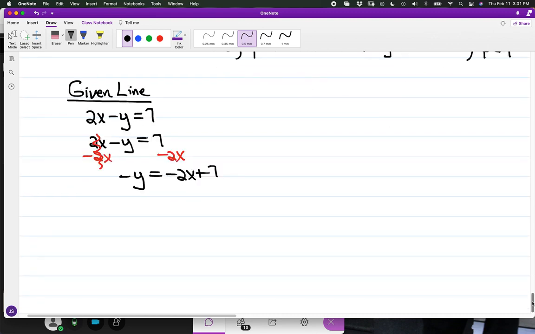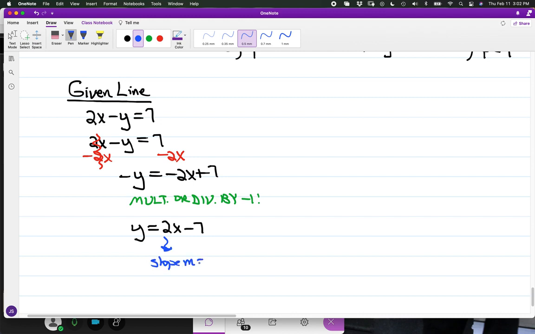And if I just multiply the equation by negative 1, or just change the signs, in other words, make what was negative positive and vice versa, so we have the slope-intercept form: y is equal to 2x minus 7. So the slope value is going to be equal to 2.